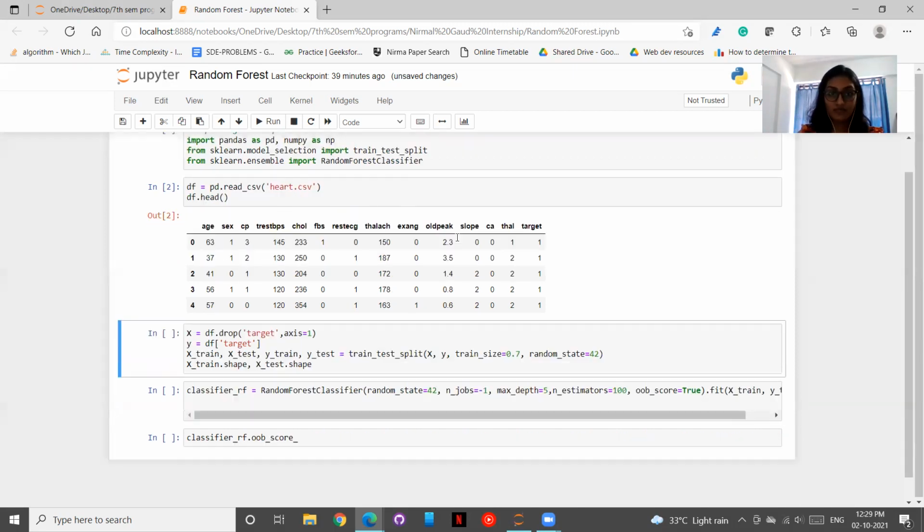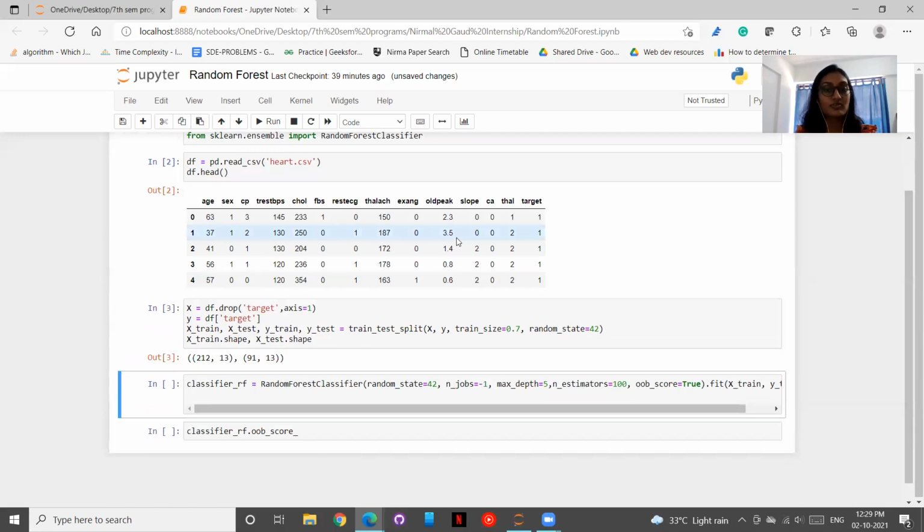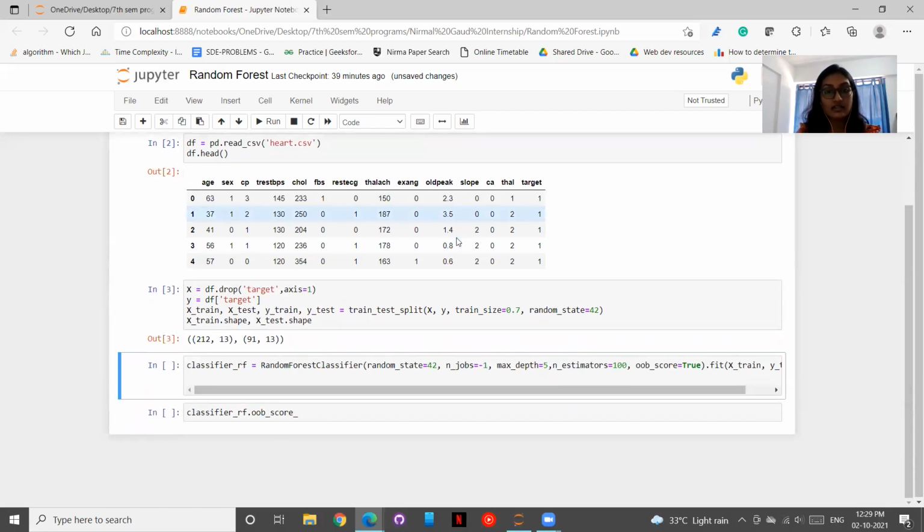So this is our data. Thereafter, we'll be splitting our data into train and test sets, and then we are calling a random forest classifier.